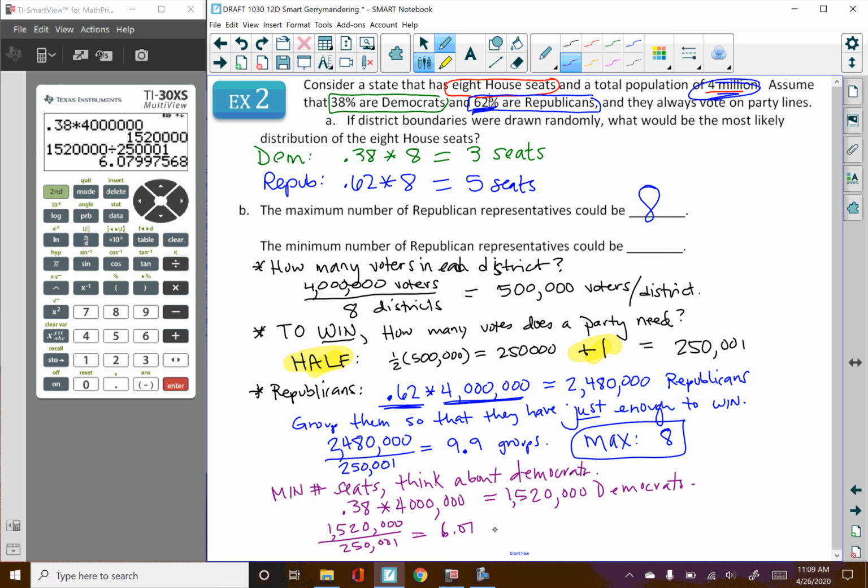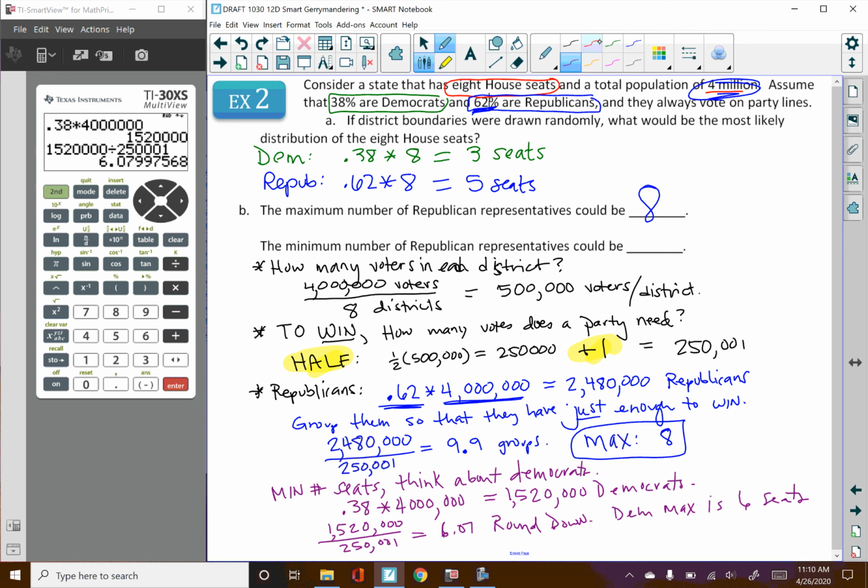We always want to round down because you don't have enough to win that 7th seat. Even if it was 6.8, we would still round down because we don't have enough to win that last district. So the Democrat max is 6 seats.